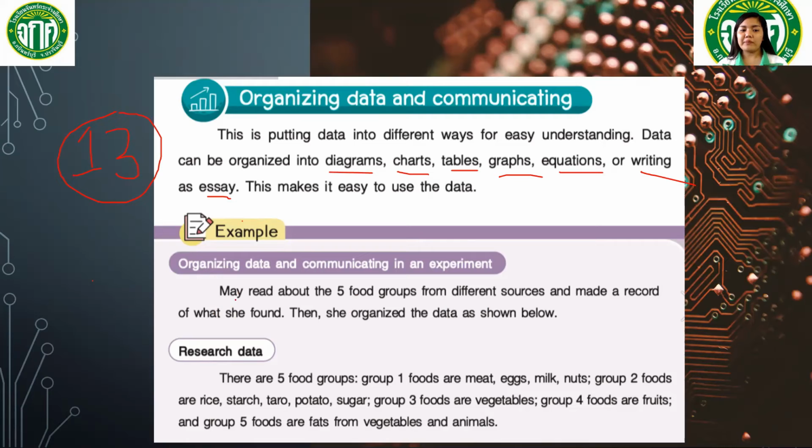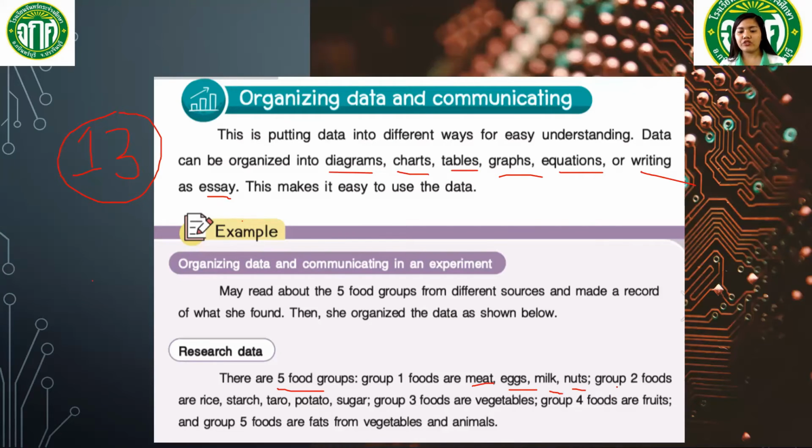Okay, so May read about the 5 food groups from different sources and made a record of what she found. Then she organized the data as shown below. So we have here the research data. There are 5 food groups. Group 1 foods are meat, eggs, milk, and nuts.